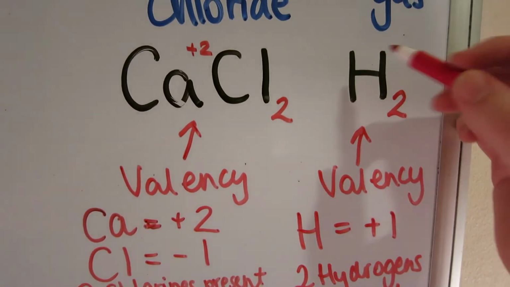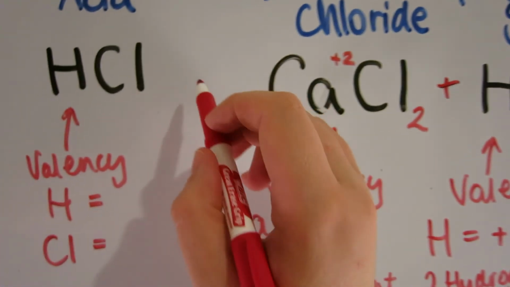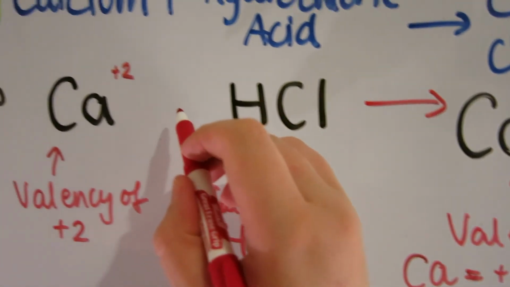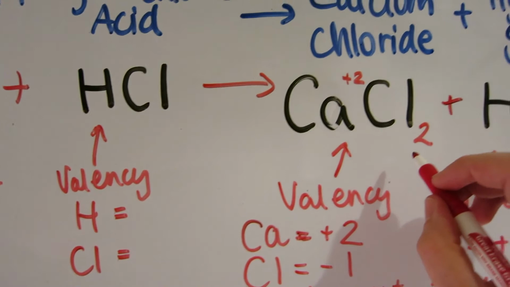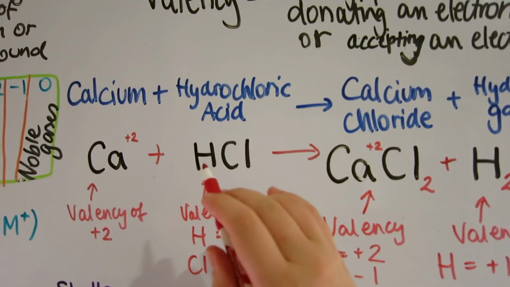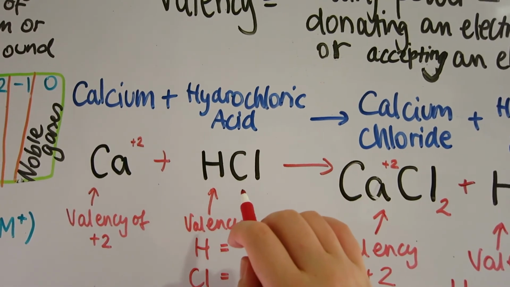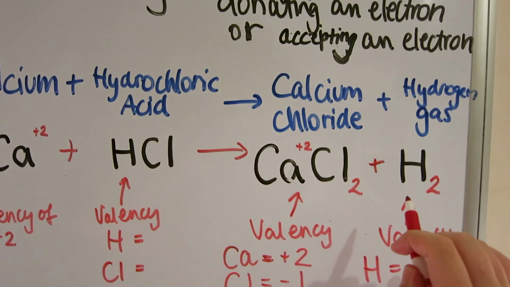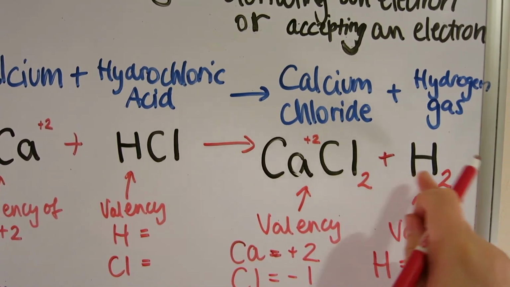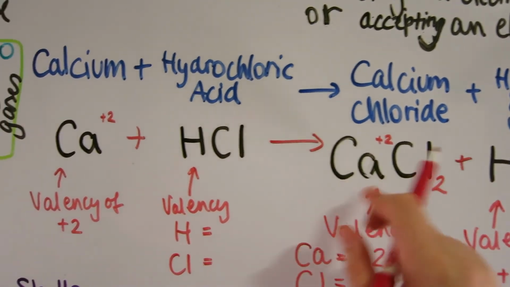So we've got 2 hydrogen on one side and 2 chlorine on this side as well, but we've only got 1 hydrogen and 1 chlorine and 1 calcium. So first things first, we need 2 more hydrogens and 2 more chlorines.